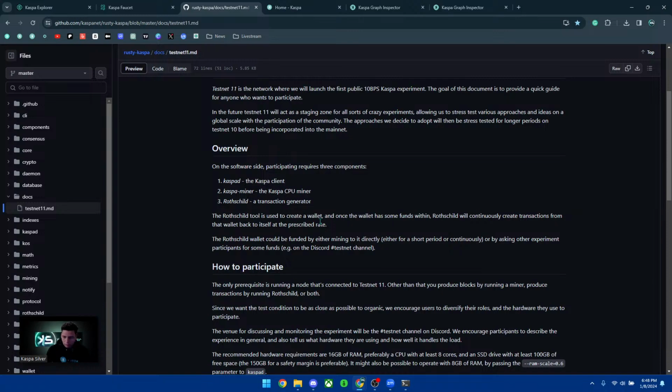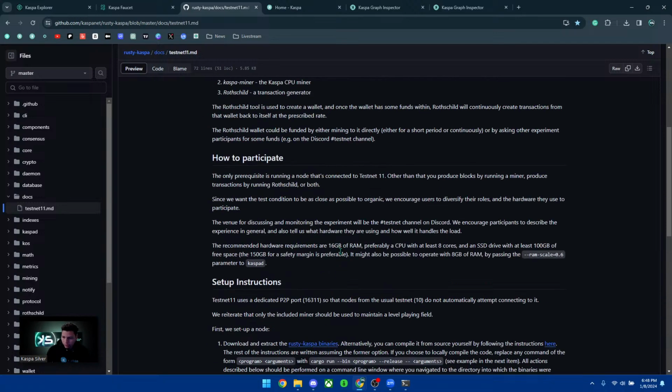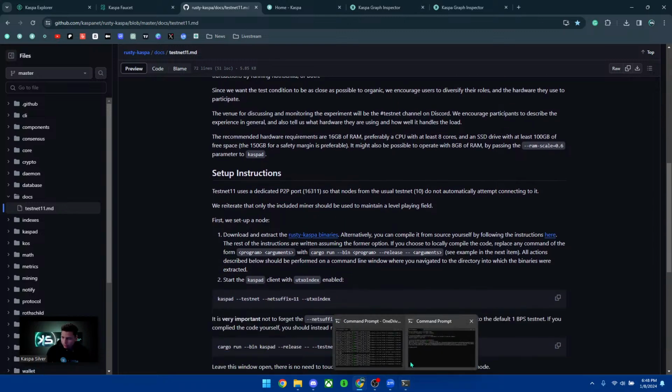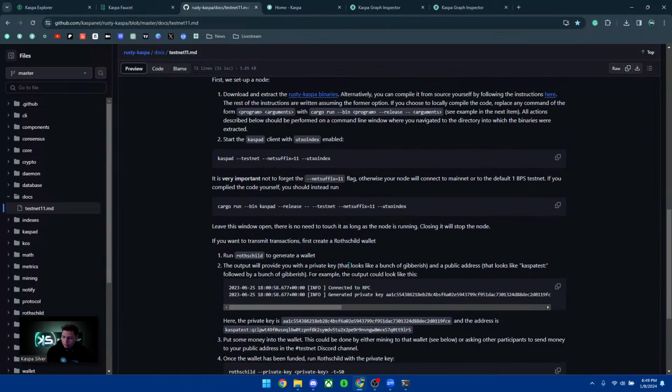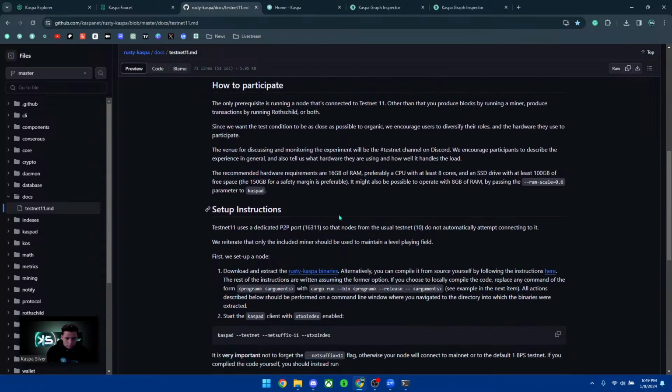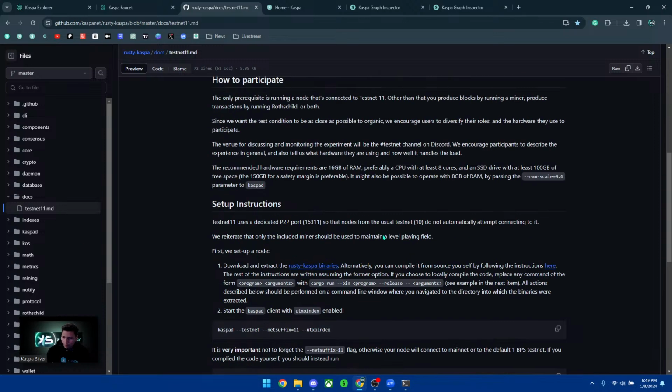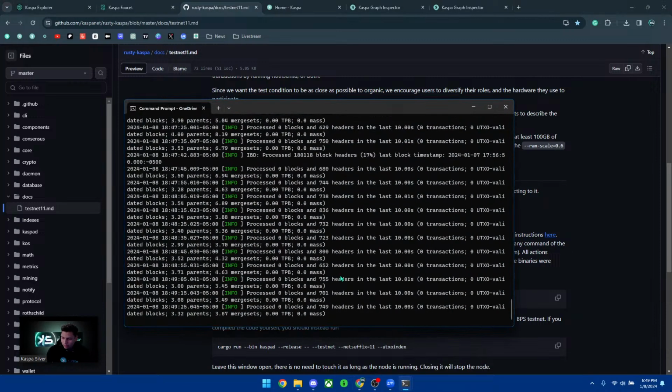Can I mine it without my node being done? I'm pretty sure no. But my node's not even done syncing up. Yes, so I can mine it without. No, it needs to be running for mining and for Rothschild. Okay. Yep. That's what I thought. Well, looks like we're sitting here waiting for my node to start up, which hopefully I hope it doesn't take too long.